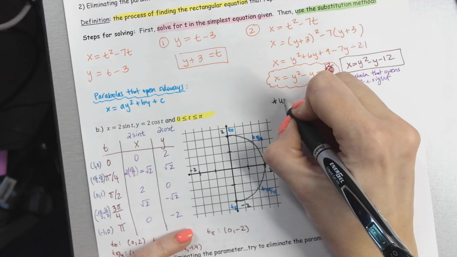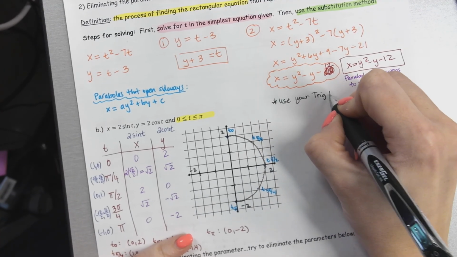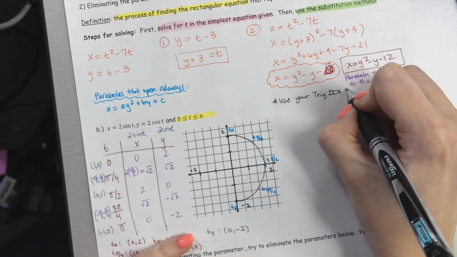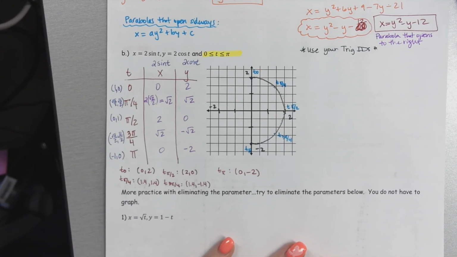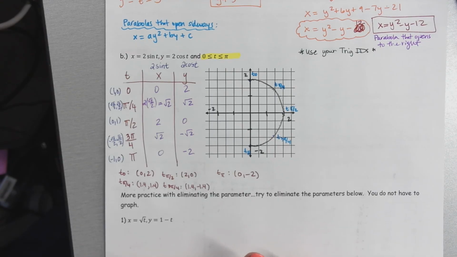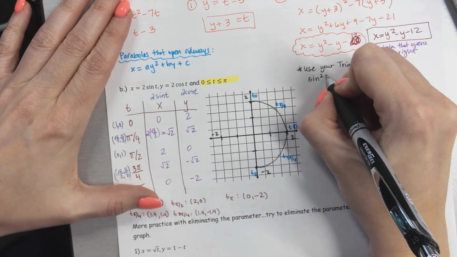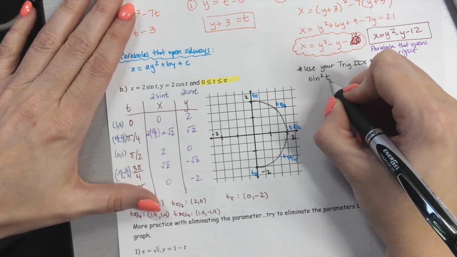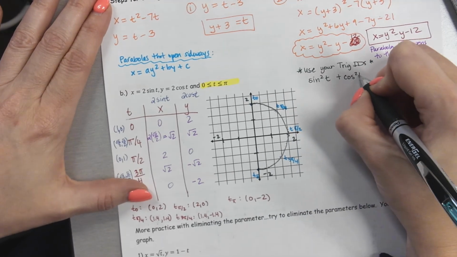You are going to use your trig identities. What's our favorite trig identity? Yeah, the sine squared plus the cosine squared. So we're going to write out with the variable t. Sine squared of t plus cosine squared of t.